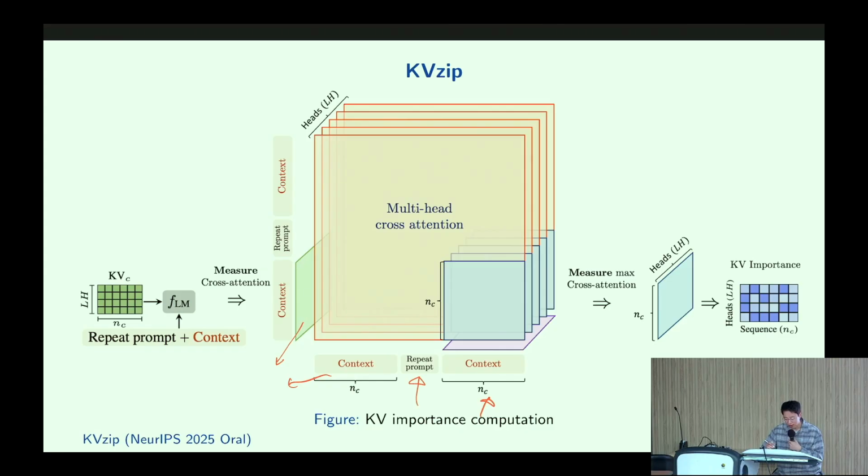And we measure the max cross attention. So this axis here is the number of heads. This is the context length. For a given query, what is the token that has maximal attention?